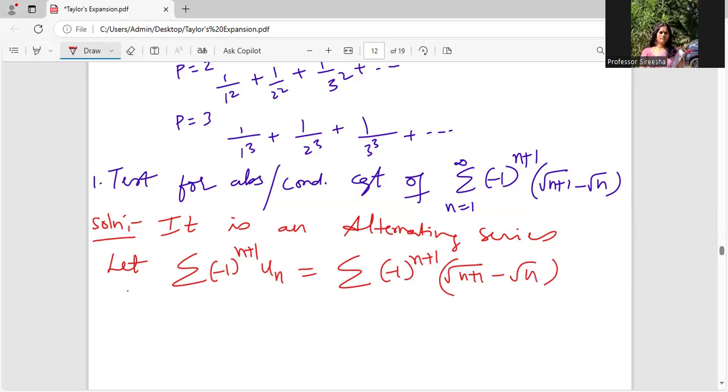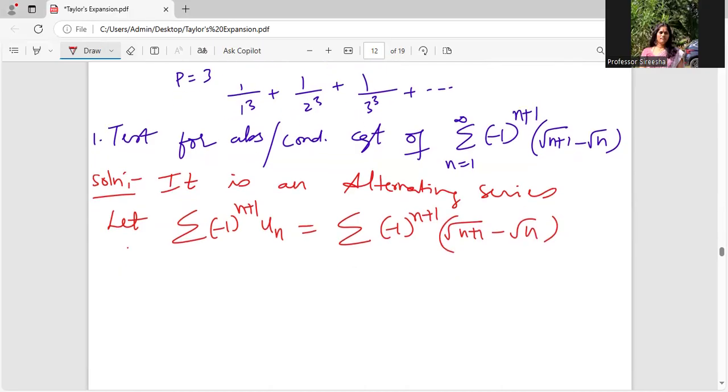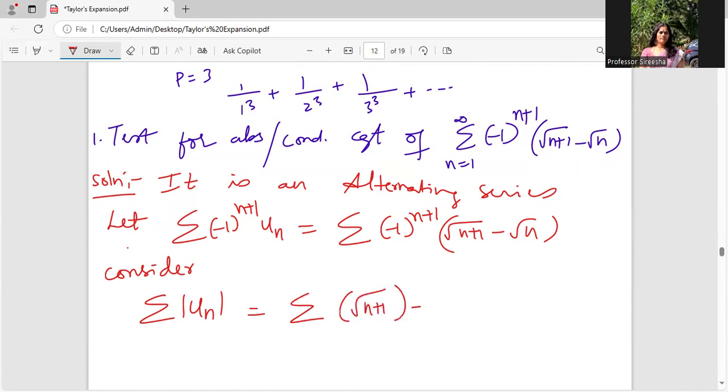Now I'm clear what my un is. For checking absolute convergence, I'll consider summation mod un. Once I put the modulus, the minus 1 power n plus 1 vanishes, so I'll have under root of n plus 1 minus under root of n.